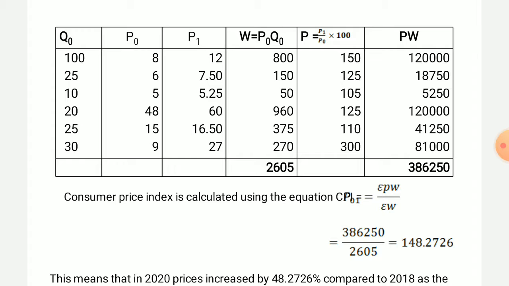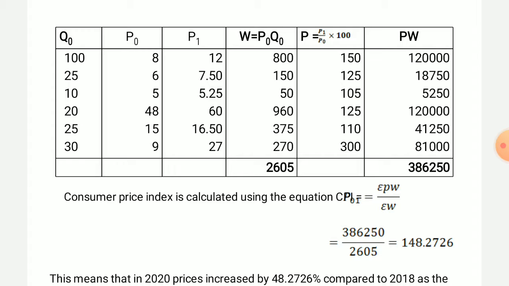Then P is equal to price relatives, P1 by P0 into 100: 12 by 8 is 150, 7.50 by 6 is 125, 5.25 by 5 into 100 is 105, 60 by 48 into 100 is 125, 16.50 by 15 into 100 is 110, and 27 by 9 into 100 is 300.